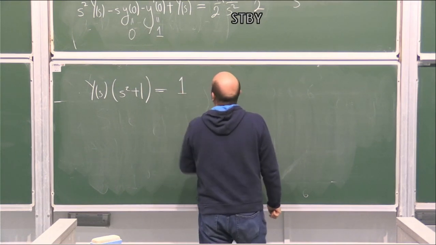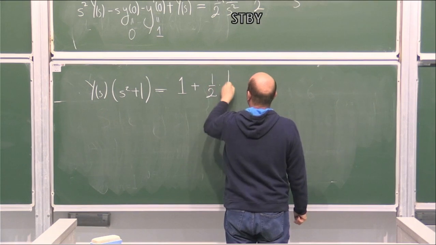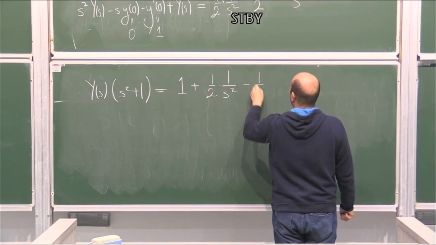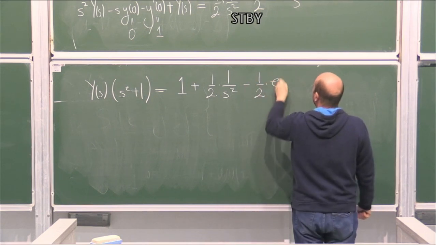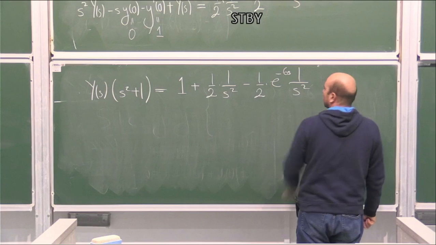And we have 1 over 2 times 1 over s squared, minus 1 over 2 times e to the minus 6s times 1 over s squared.